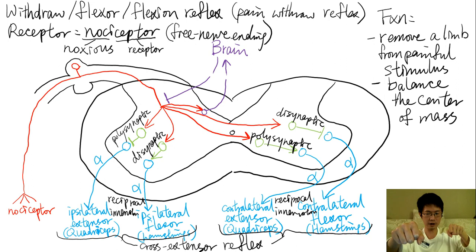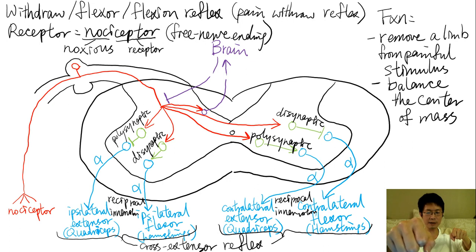But when this fist withdraws, the contralateral limb will extend because of the cross extensor reflex. When this foot extends, you hit the nail bed. When you hit the nail bed, it will trigger the nociceptor as well.